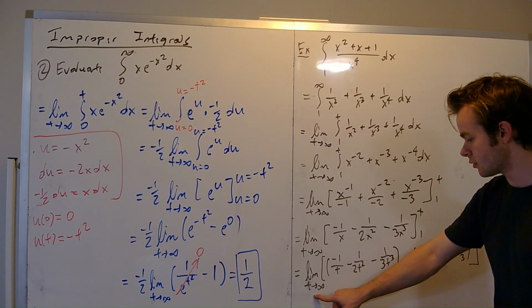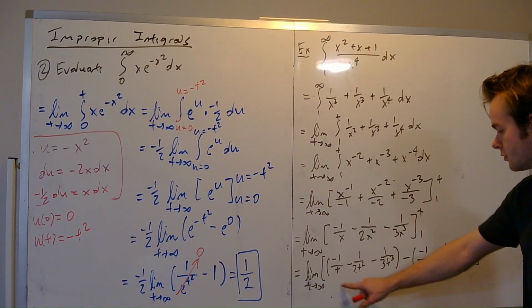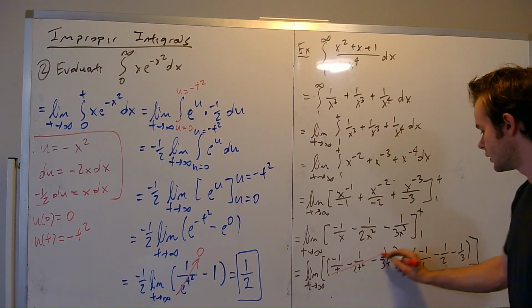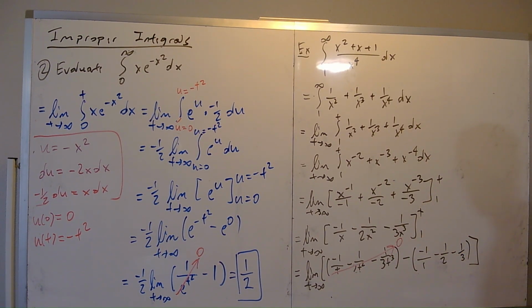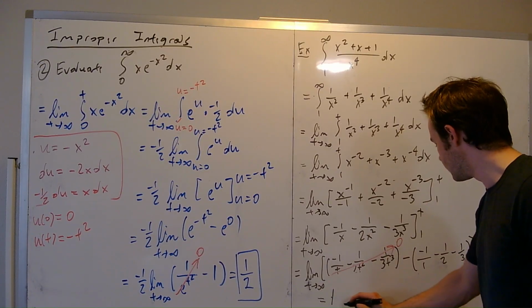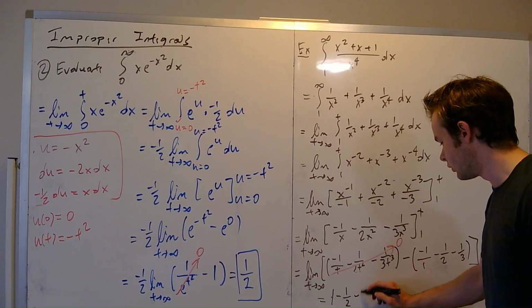And notice t is going to infinity, so all these fractions are going to 0 because they have t in the denominator. So this whole part is going to go away. This whole part is going to go to 0. Then you're just left with this. So this would be 1 minus 1/2 minus 1/3.